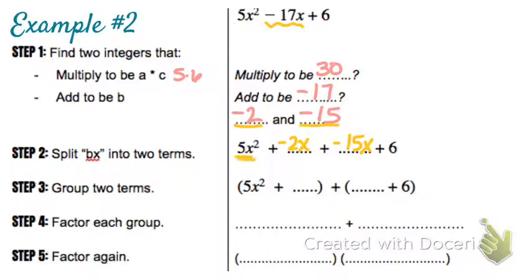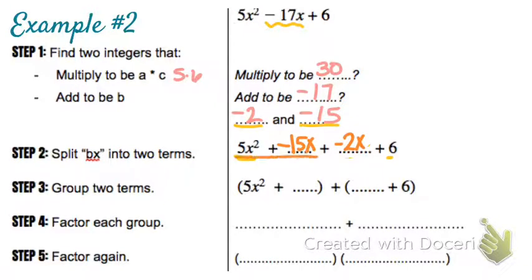Like if you look here, 5 and 15, I can factor out a 5. 2 and 6, I can factor out a 2. Let's try switching it here. So I'm going to put the negative 15x here and the negative 2x here.